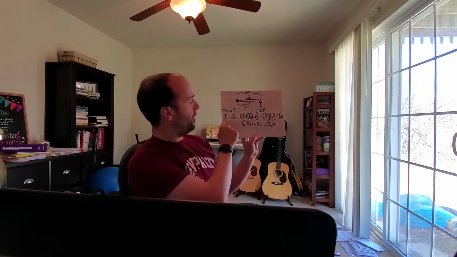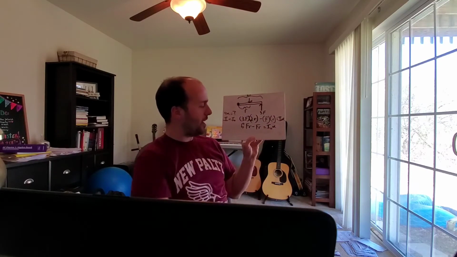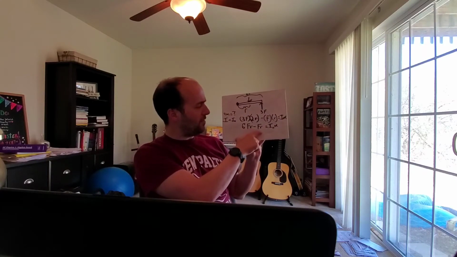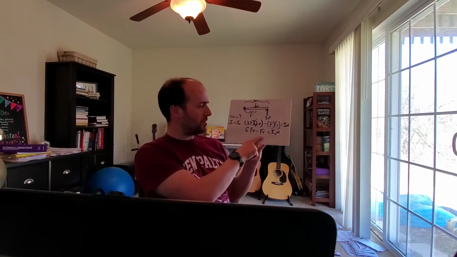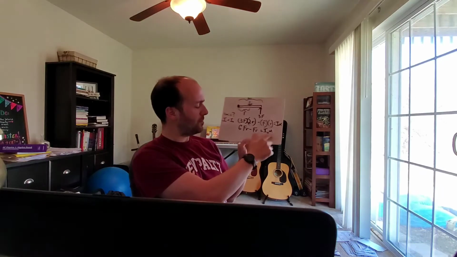Now I'm going to substitute that little O in, because we said that our rotational inertia equals I sub O. Well, we've got 6FR minus FR, which gives us 5FR equals I sub O times alpha. So do our subtraction and our little bit of division, and we can find our alpha to be 5 times F times R divided by I sub O. And there we go.